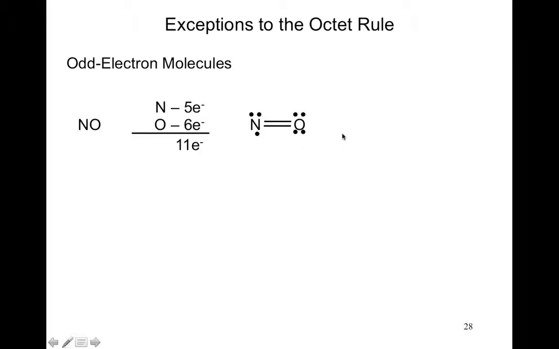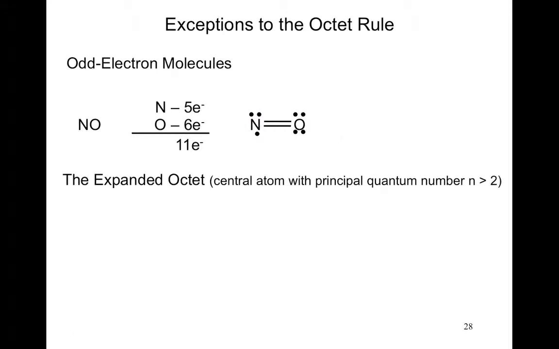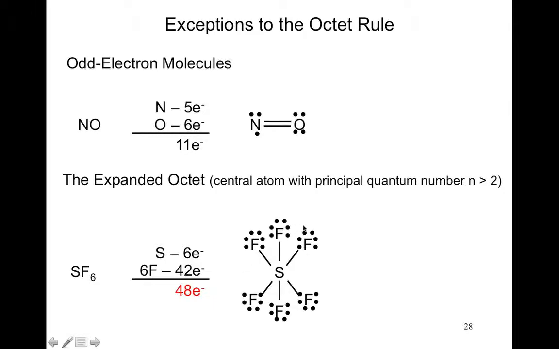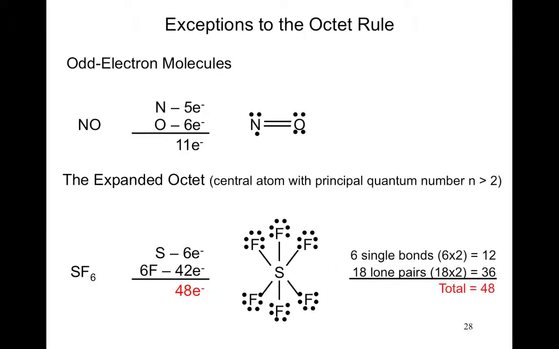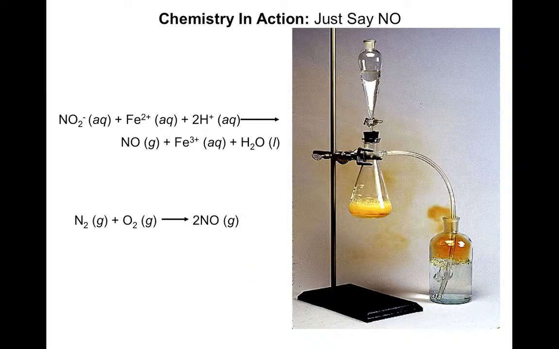We have to draw it. Expanded octets. Sulfur hexafluoride. You look at this. It's a thing. It exists. 1, 2, 3, 4, 5, 6, 7, 8, 9, 10, 11, 12. We're not following octet at all, but it's a thing. It exists. What are we gonna do? You gotta draw it. So there's some weird stuff.